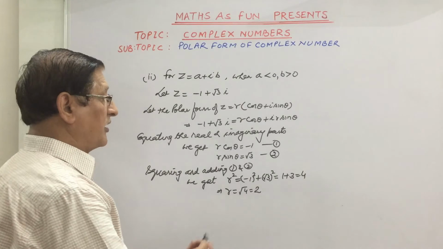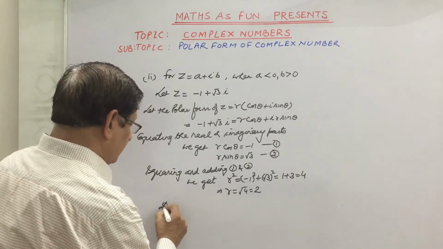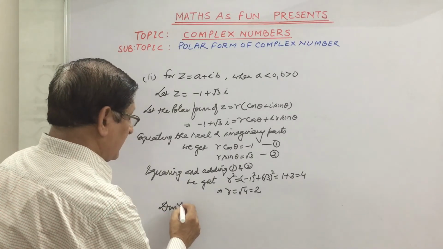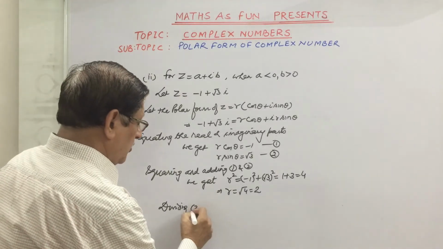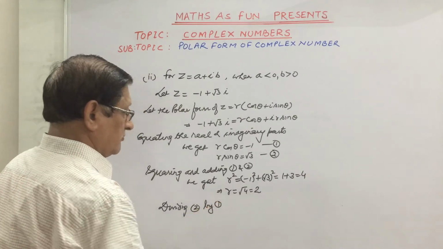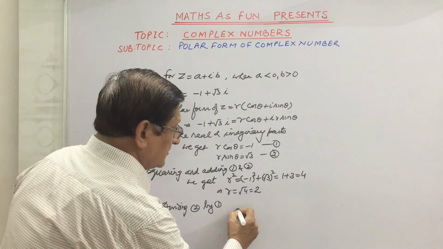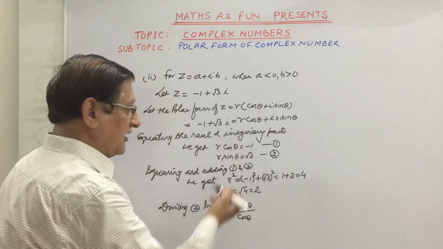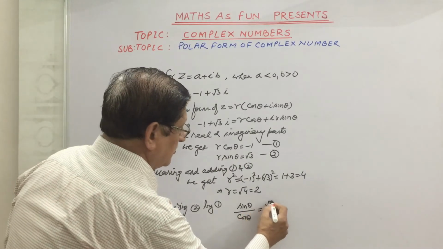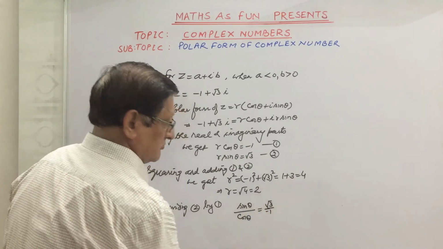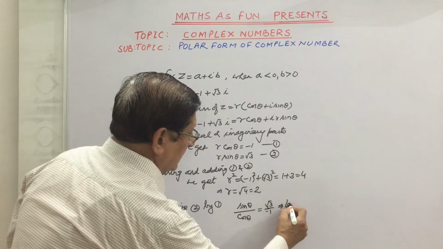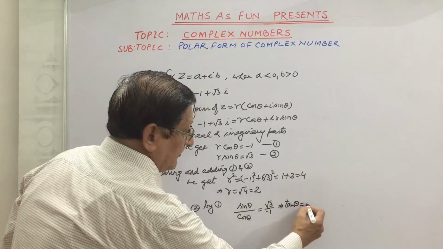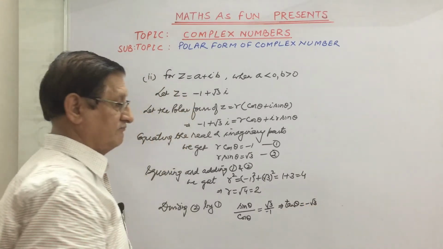To find out the argument, we divide them. Dividing 2 by 1, we get sin theta upon cos theta, because r and r will cancel, equal to root 3 upon minus 1. This gives you tan theta equal to minus root 3.